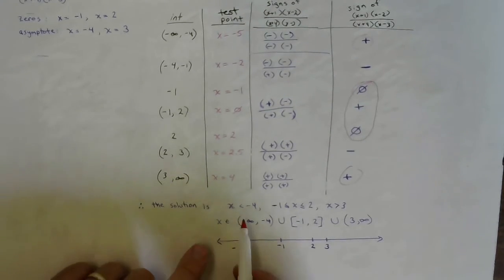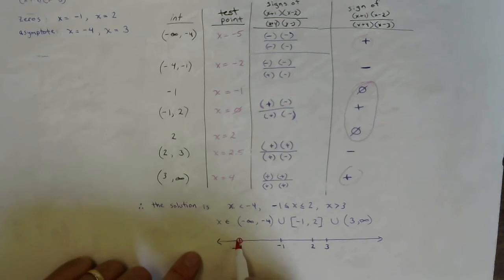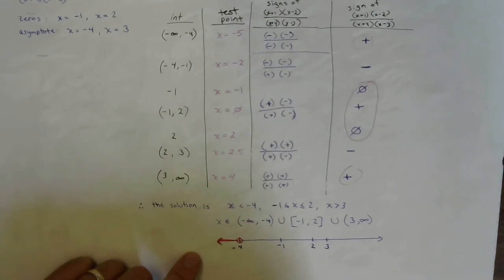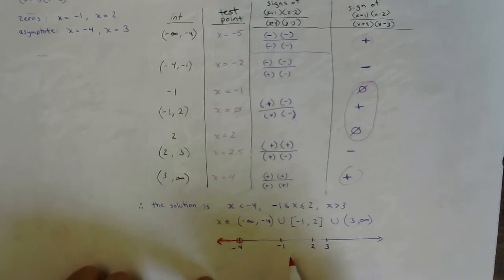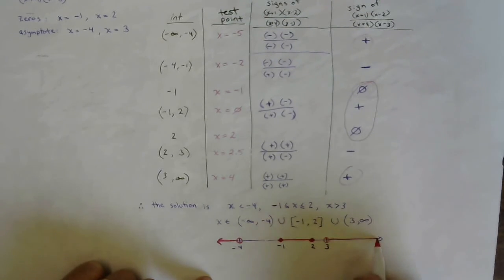But basically we can read this, so we've got anything to the left of -4 not including -4, so that's an open dot, and then everything to the left of -4. Then we have from -1 to +2 inclusive, so that's going to be a solid dot at both of those points, and a solid line in between. And then we have to the right of 3 not including 3, so that's an open dot.